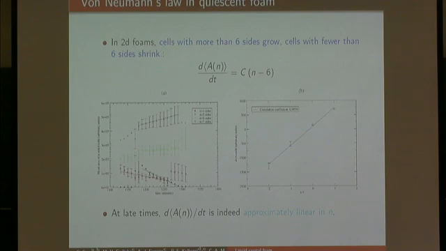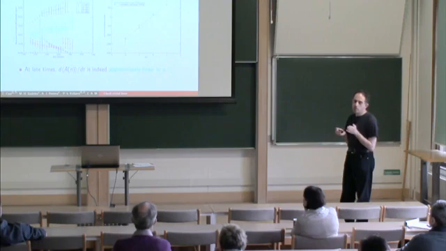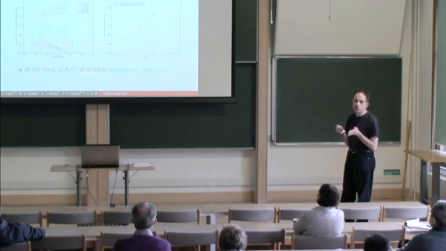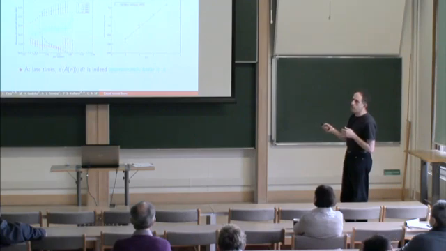I should emphasize here that what we've done here is what I would call the weak version of von Neumann's law. Von Neumann's law applies, at least in ordinary soap foam, both to each individual cell and to the mean area of cells of a given number of sides.